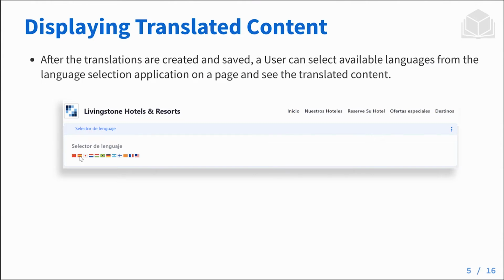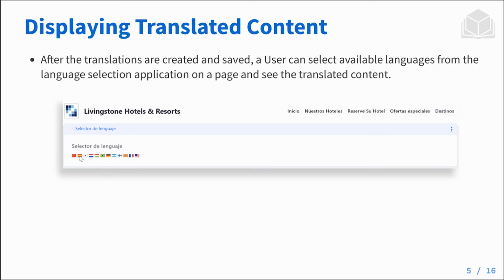Once those translations have been created and saved, when a user is viewing the site in their language, again either selected through the user account or through the language widget, they will see all of the available translations for that language. Now, the way this works is in the instance or site level, you're going to have a default language for the entire platform. Let's assume that English is the platform default language. And let's say that you have Spanish as an available option on a site.